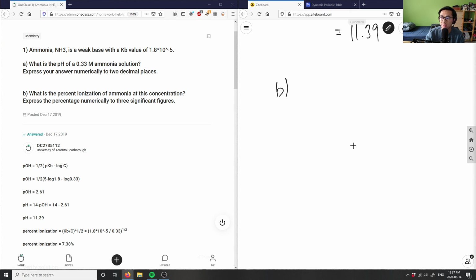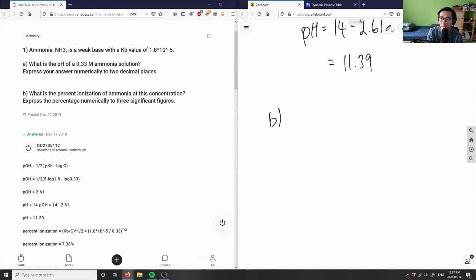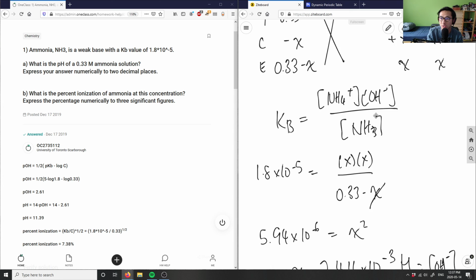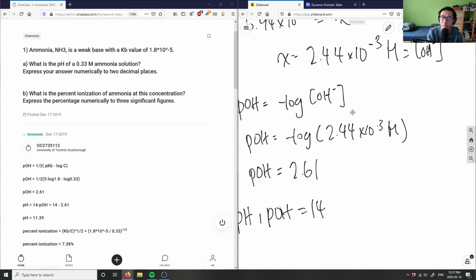Let's see, percent ionization. So I have here H plus divided by HA times 100. So this would be the percent for an acid. But in this case, it would be the concentration of our ammonium over ammonia.